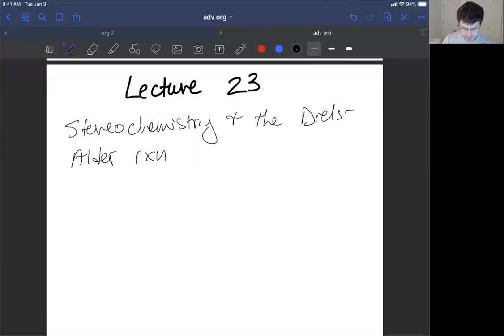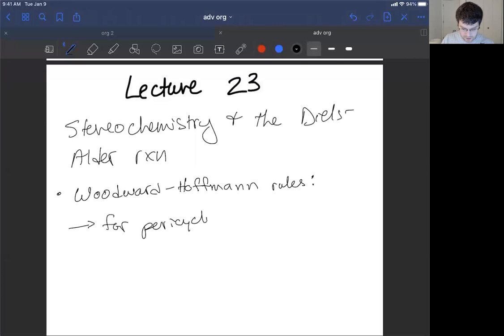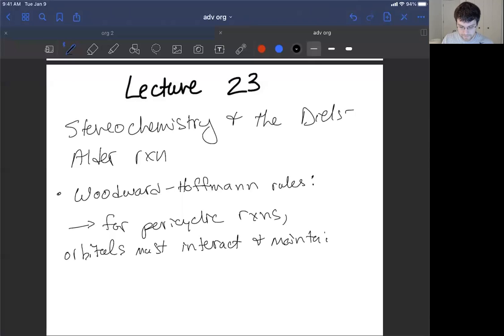Okay, so underpinning all of this are the Woodward-Hoffmann rules. This is a topic that could really encompass the bulk of an entire advanced organic chemistry course, but suffice it to say that for pericyclic reactions, which is what we've been studying this week, orbitals must interact and maintain symmetry.